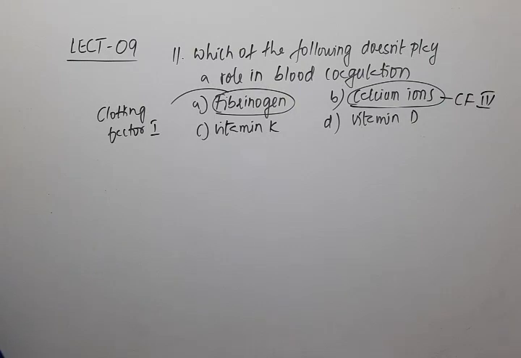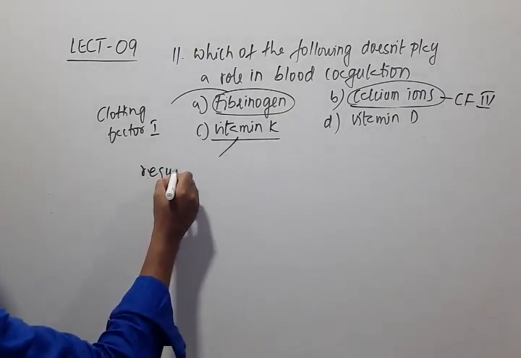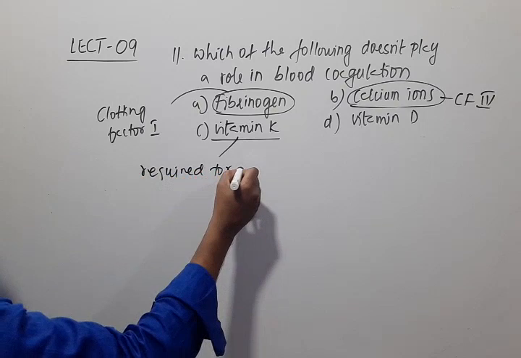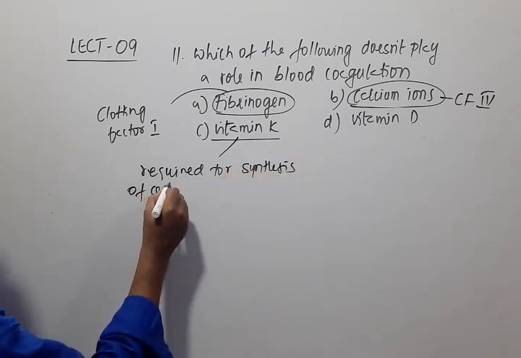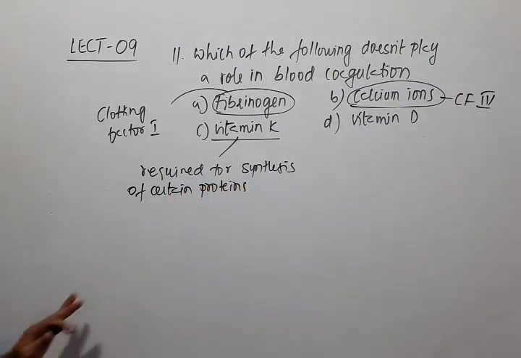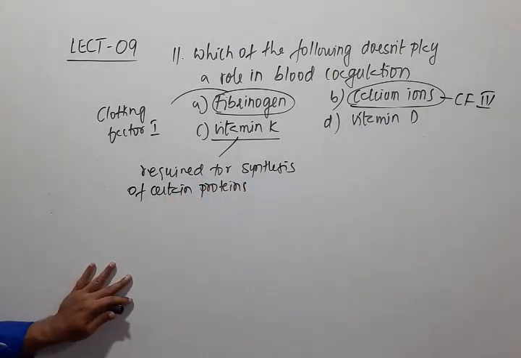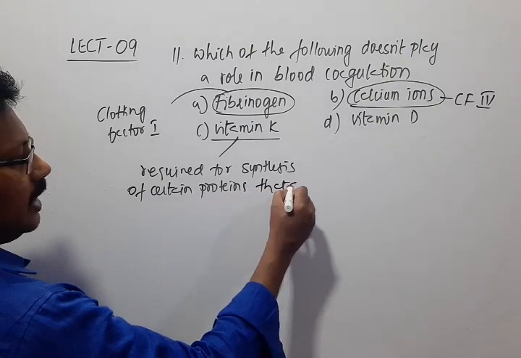This vitamin D is required for complete synthesis of certain proteins, right? These are proteins needed for the coagulation of blood.